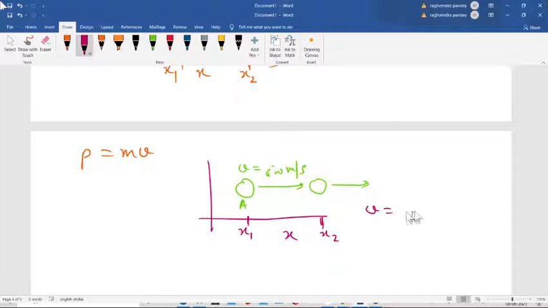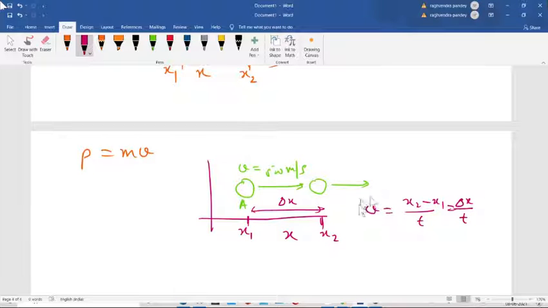So velocity is the change in position, x2 minus x1, divided by the time taken, t. Suppose this is your delta x, the distance traveled in time t.